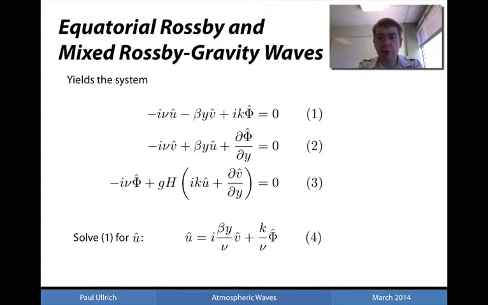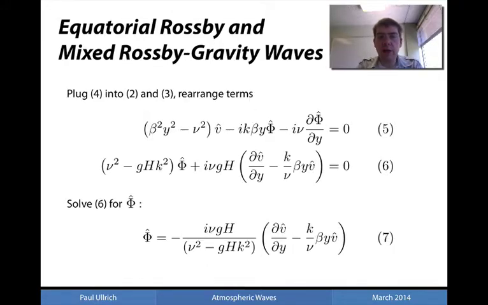We can now solve equation 1 for u hat and then use that in equations 2 and 3 in order to eliminate u hat from the system of equations. We then solve equation number 6 for phi hat, obtaining equation number 7 shown here, which will allow us to eliminate phi hat from equation number 5.